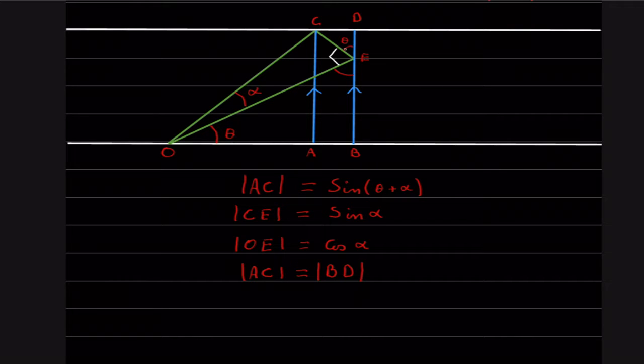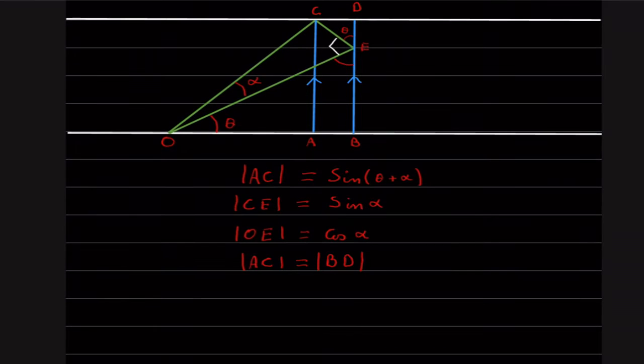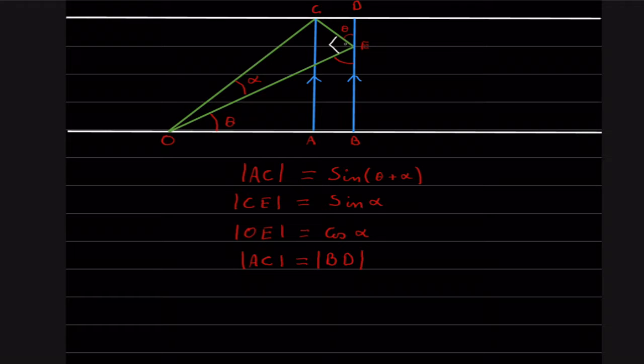So we could start by finding DE at least. DE, with this angle being theta, is equal to, if this is theta, then it has to be the adjacent of theta.